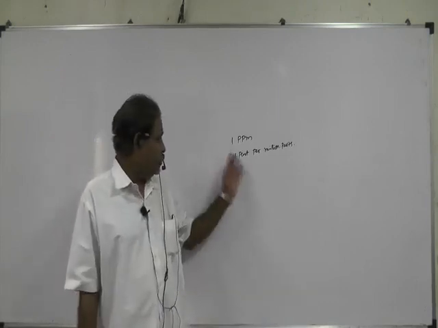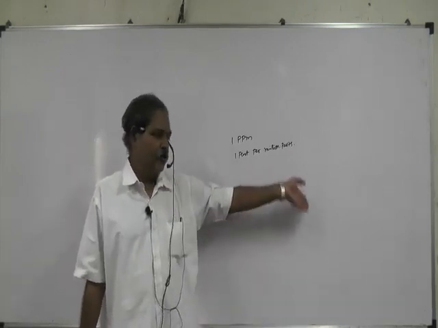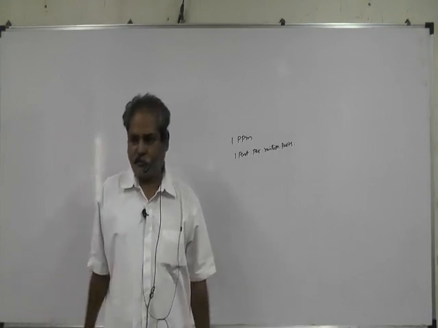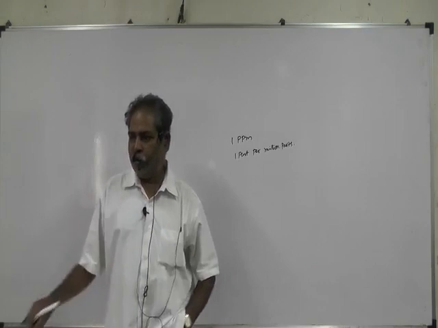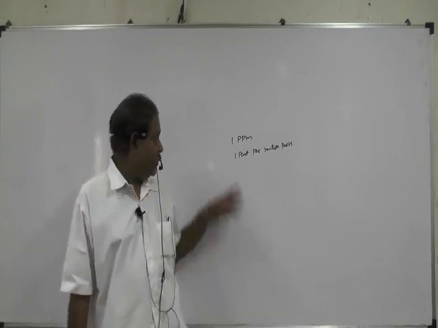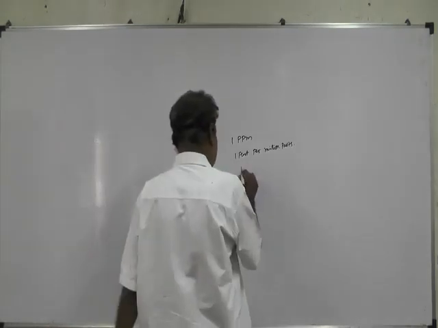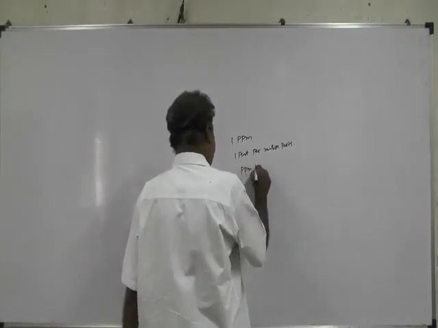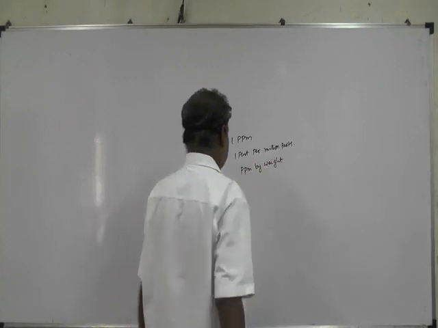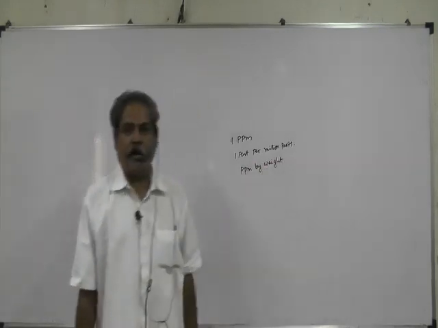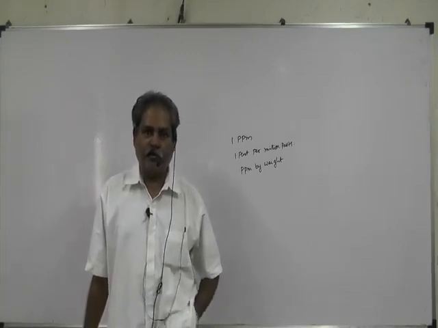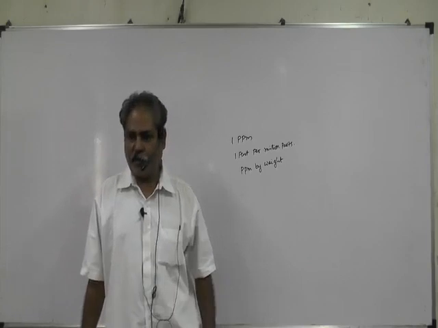So 100 tube lights per million tube lights, 100 ppm. 100 parts per million tube lights. ppm by mass, ppm by weight. Million grams में 1 gram. 1 gram in million grams is called 1 ppm by weight, by grams rather.